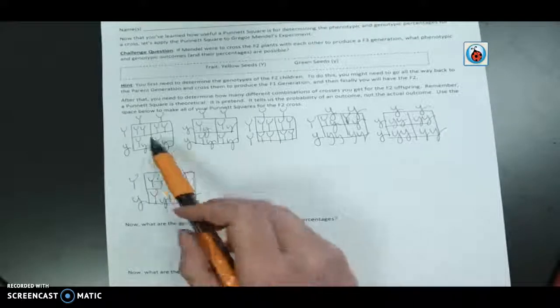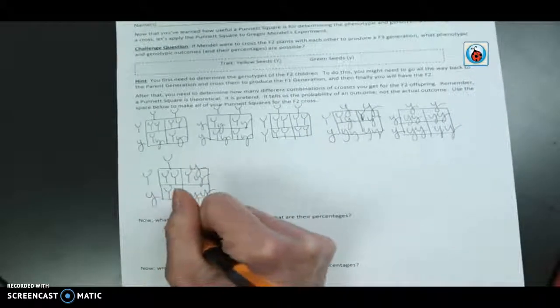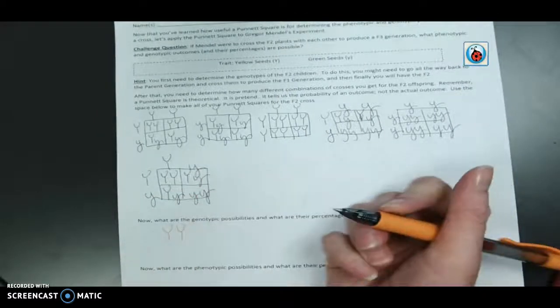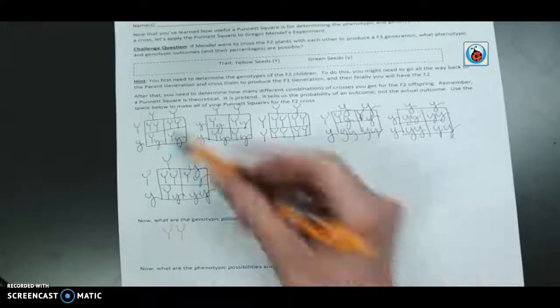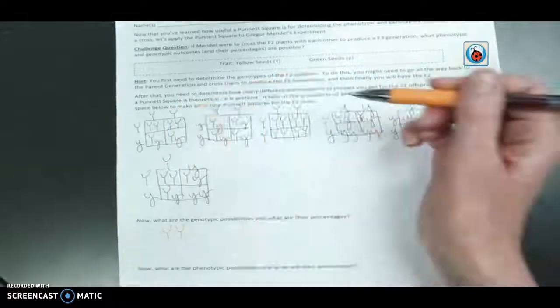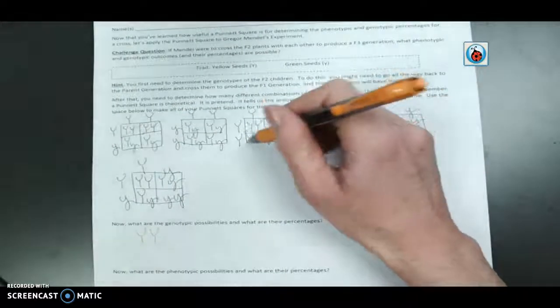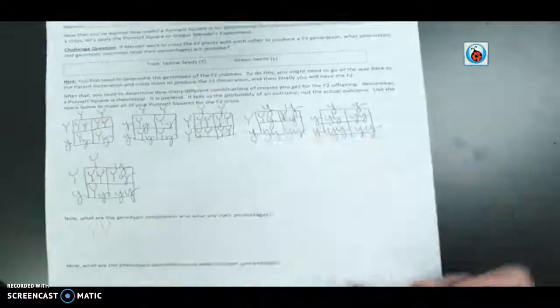So I see one genotype is homozygous dominant, so I'm going to write that down here, but I need to know how many there are in order to calculate percent. So I'm going to go through and just cross them off and count as I go. 1, 2, 3, 4, 5, 6, 7.